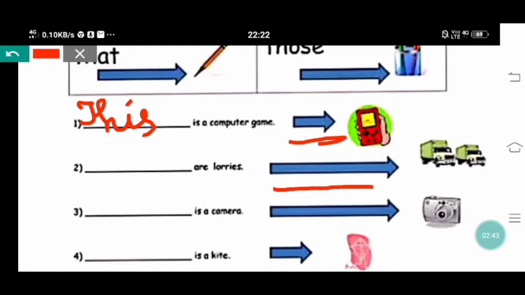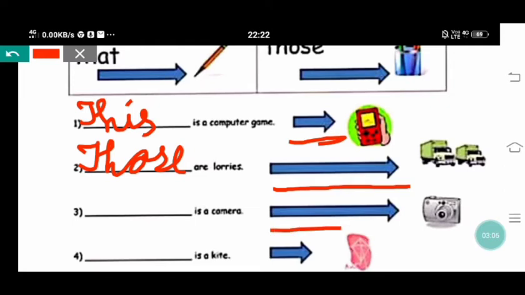Arrow is long and it means things are far, but it's in plural form. So we have to use here those. Those are lorries.